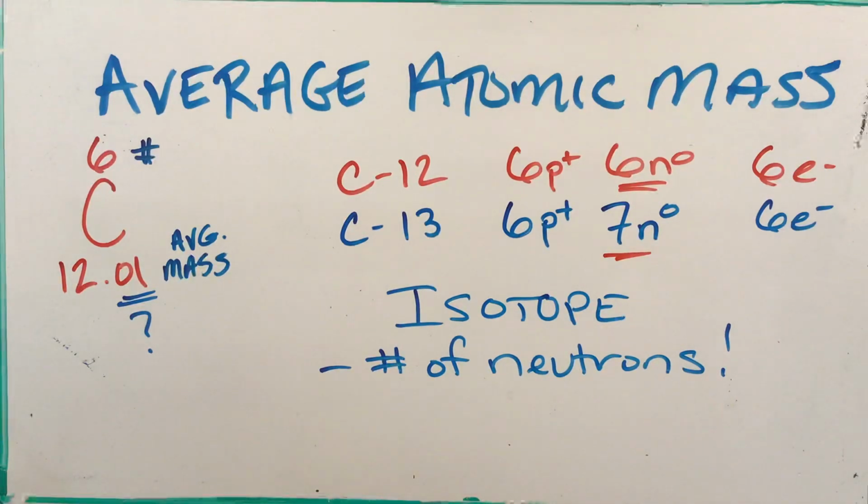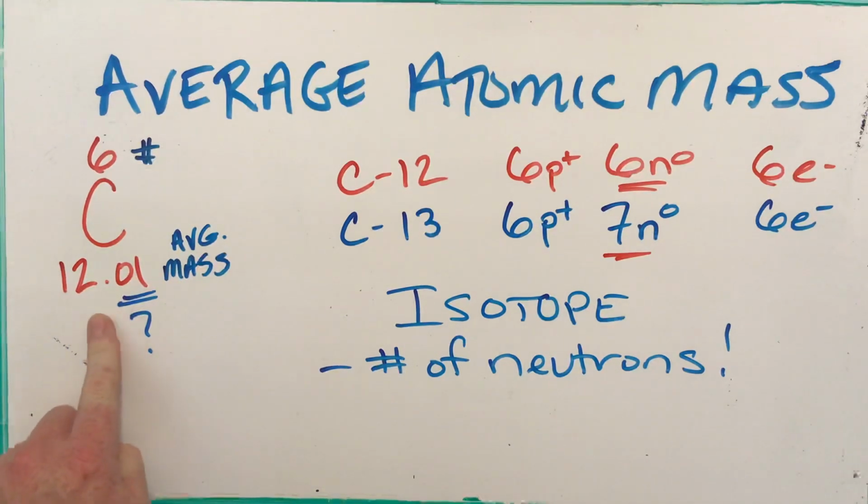Every once in a while, though, you're going to run into a carbon that is carbon 13. Like, hey, there's a carbon 13. You don't see that very often, right? 1 out of every 100 or so, right? So you run into 100 people in a day, 99 of them are carbon 12. 1 out of that 100 is going to be carbon 13. So if you took the average of that, it's 12.01.